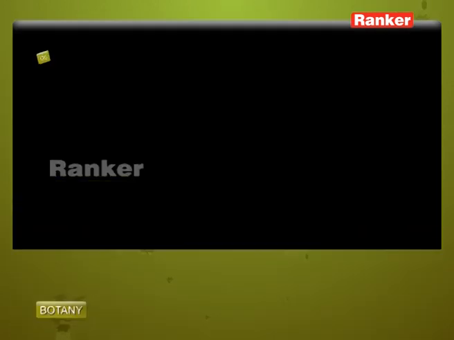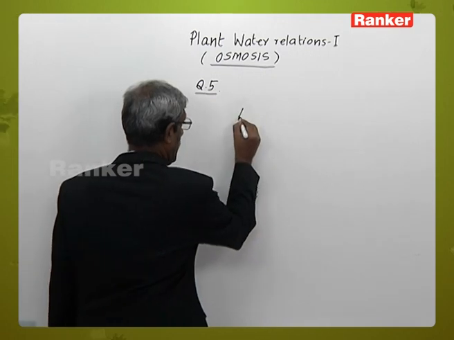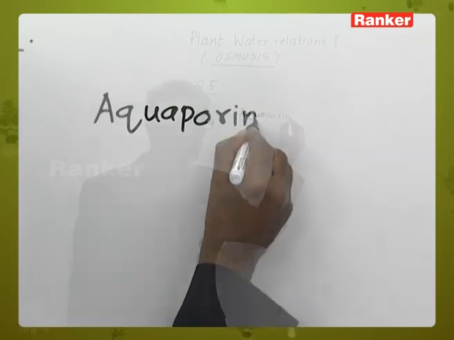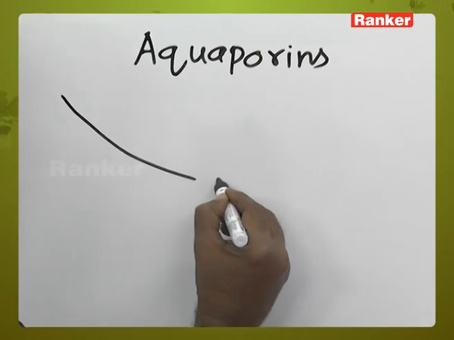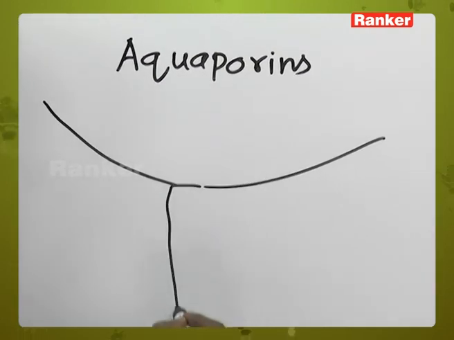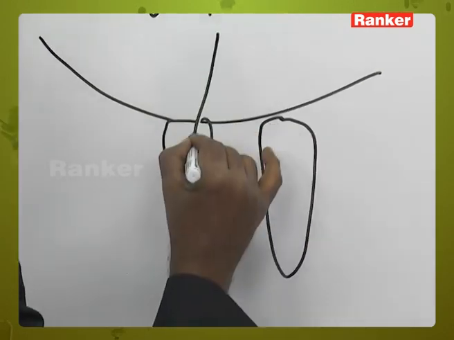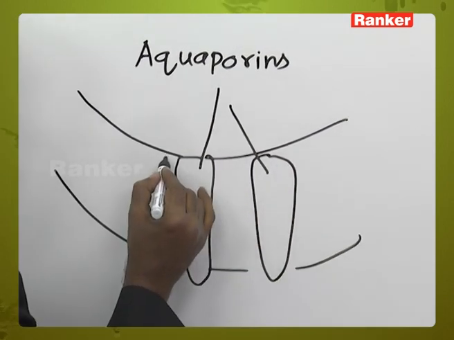Question number 5. Aquaporins are A, associated with the osmosis process, B, water transport channels in cell membranes, C, water pores, D, phosphorus rich water. When we take aquaporins, aquaporins are protein molecules which are present in the plasma membrane.